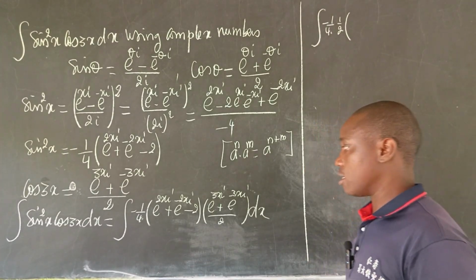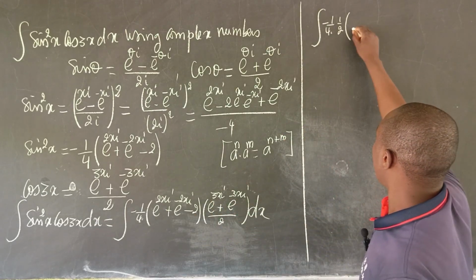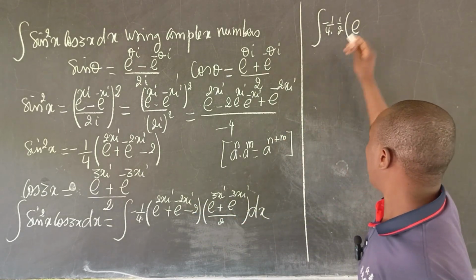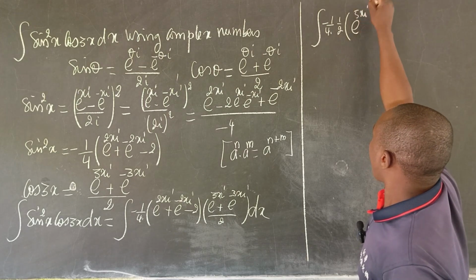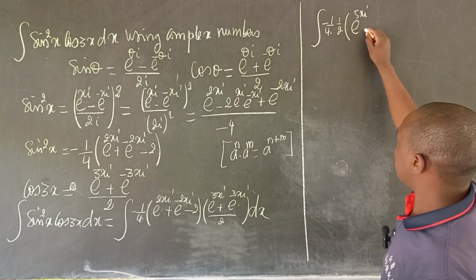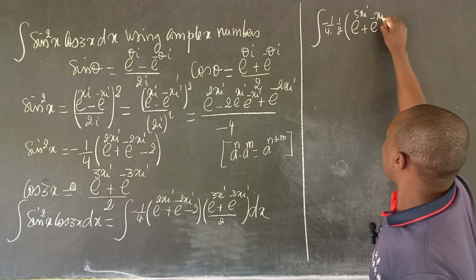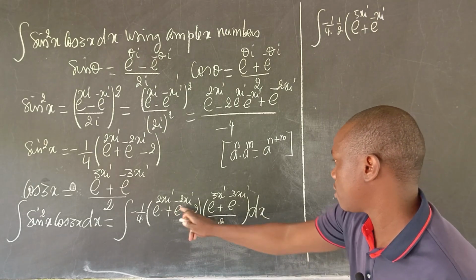Here the base is a. This times this will be exponential of 5xi. This times this will be plus exponential of minus xi.